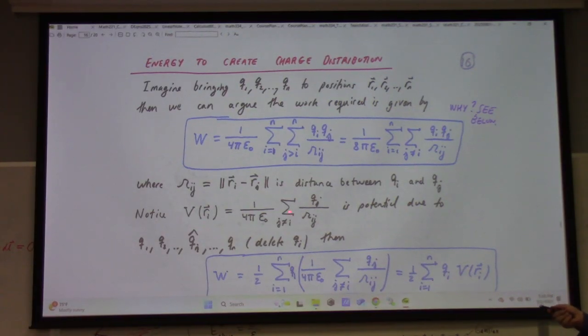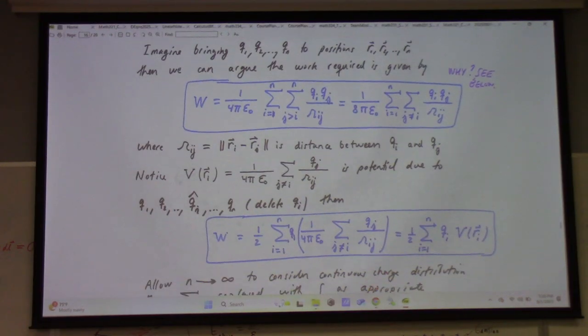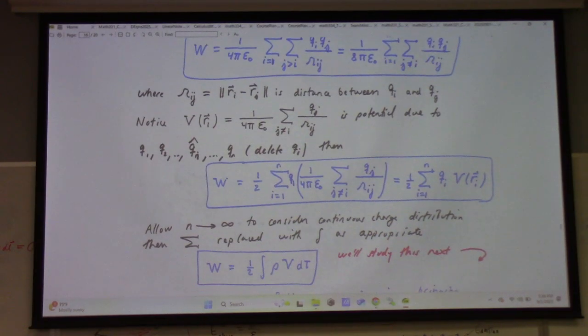And this is the potential at r sub i. And so lo and behold, the work required to assemble n charges at those positions, r1 through r sub n, is just given by this, which turns out to be equal to 1/2 the sum of the voltages needed for everything but the ith charge to be there.